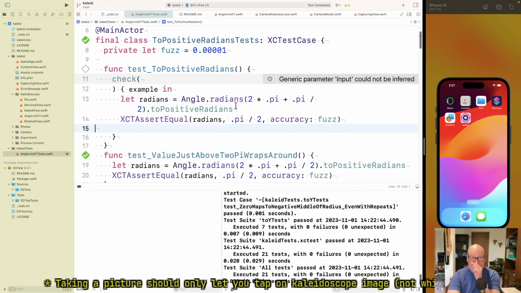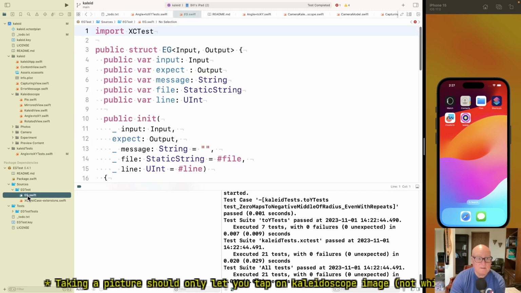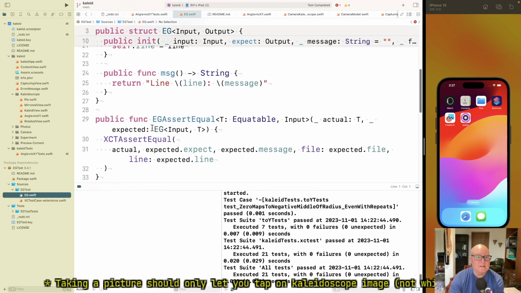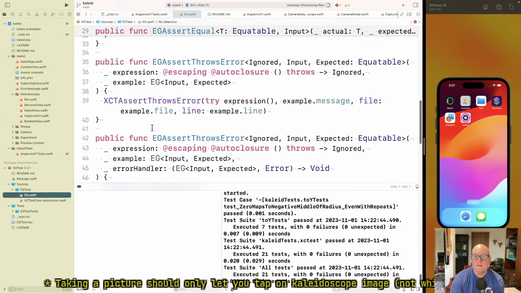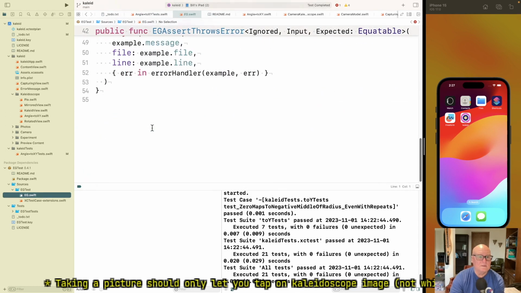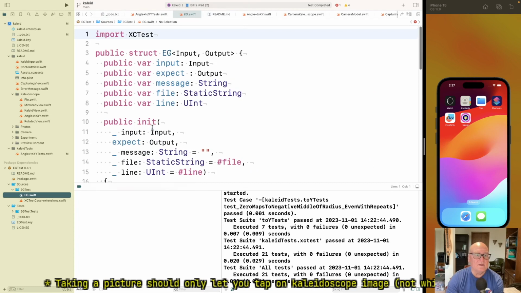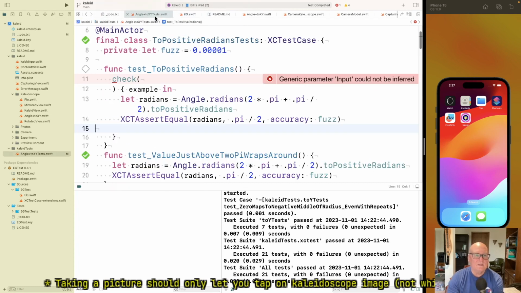And our first, our code is, I don't think I have an EG assert with fuzz. That'll give us something to do. EG assert equal, assert throws. Okay, we don't have one that handles fuzz. All right, we can do this as is for now. All right, so radians in, well, the input is eg.input.